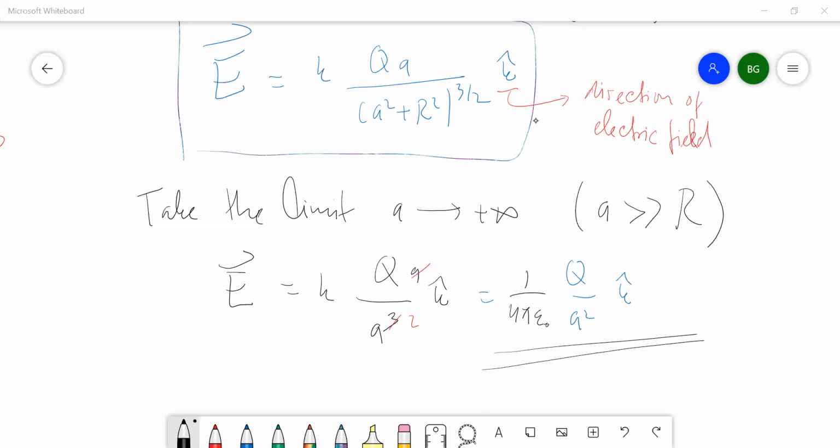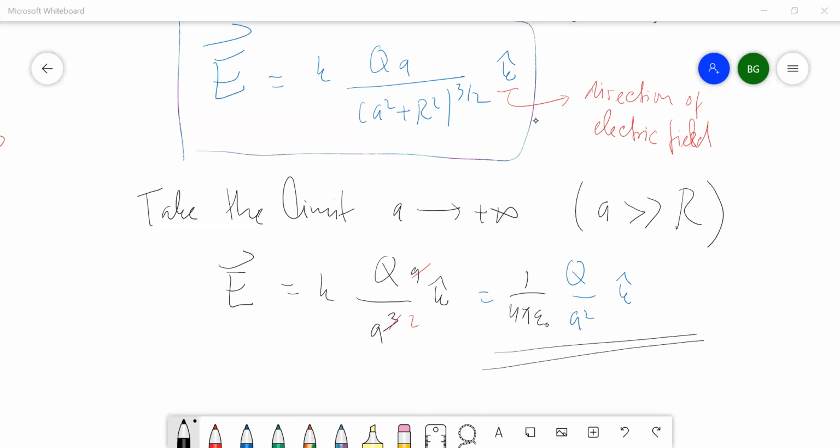The more the distance, the less the electric field. Cynthia Rida, can you tell us about this formula, this reduced formula? What does it tell us? I'm still processing. Is that okay?